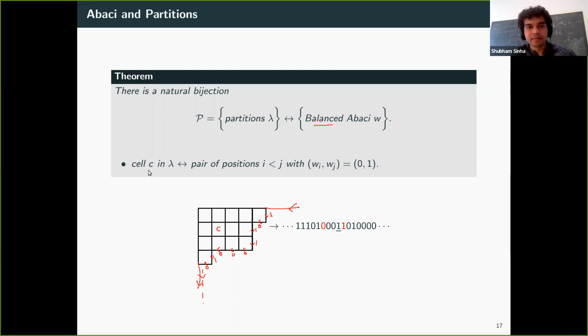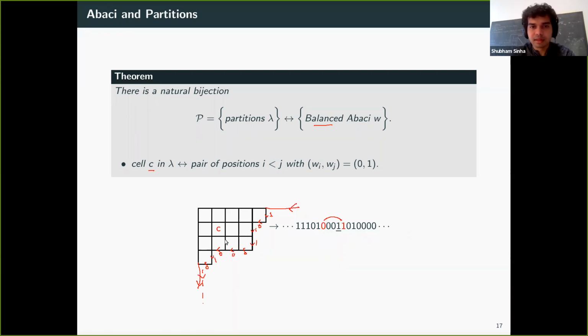And so let me briefly tell you why it is useful when you talk about hooks and hook lengths. If you take a cell C, for example, which is denoted here as C, this can be thought of in terms of abaci. What does it refer to? It refers to a pair of 0, 1.